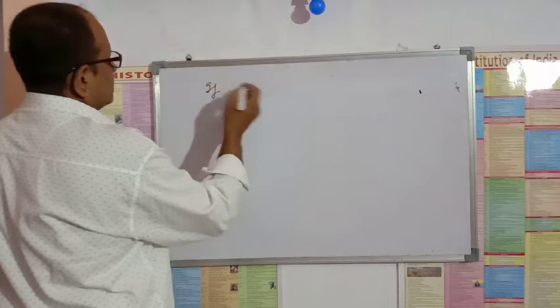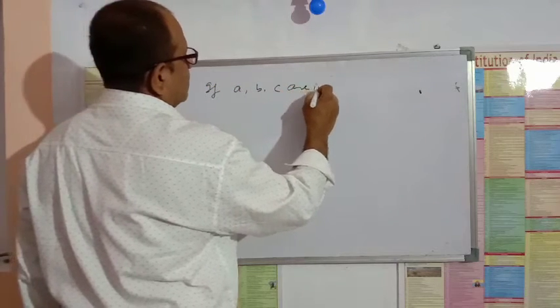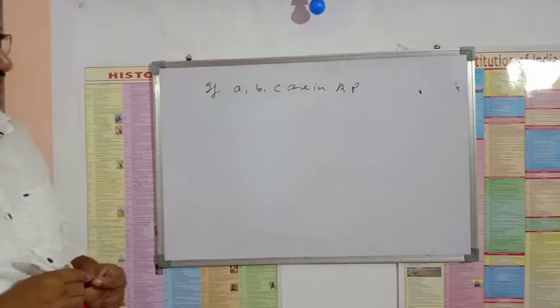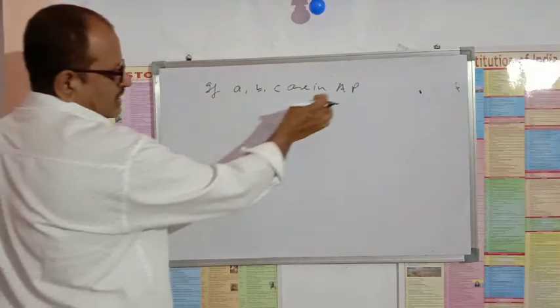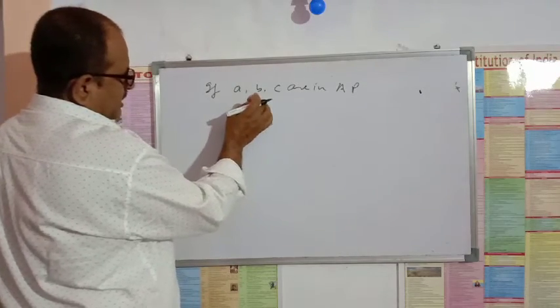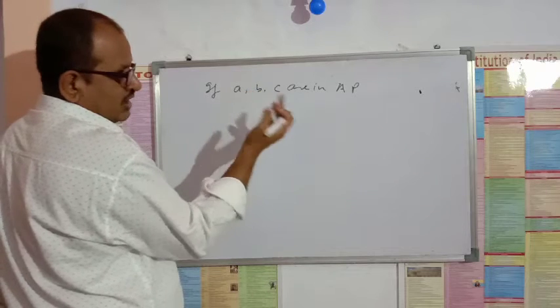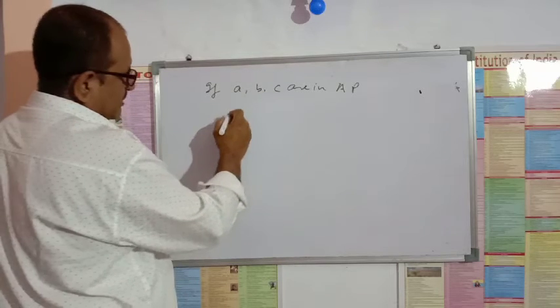See the next point. If A, B, C are in AP, these three terms are in arithmetic progression. So we know that in arithmetic progression, the difference between the second term and first term, and the third term and second term, are both equal because there is a constant difference between two consecutive terms.